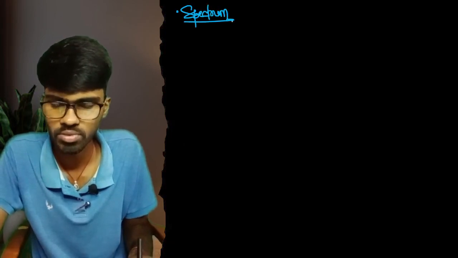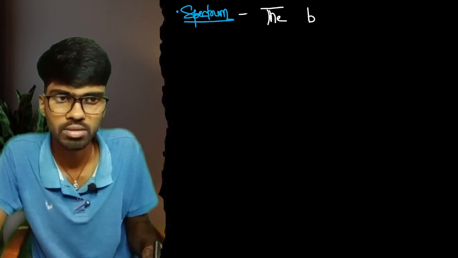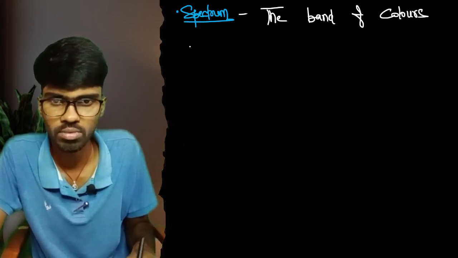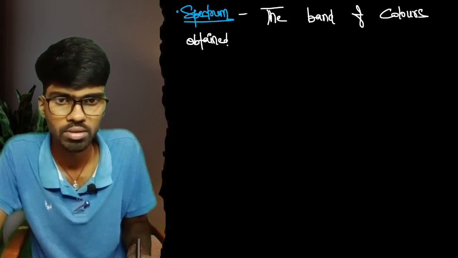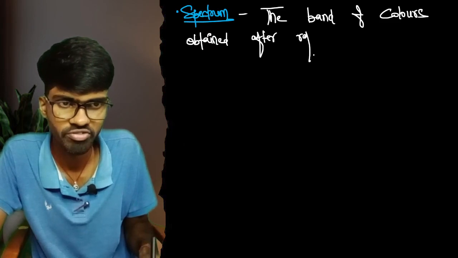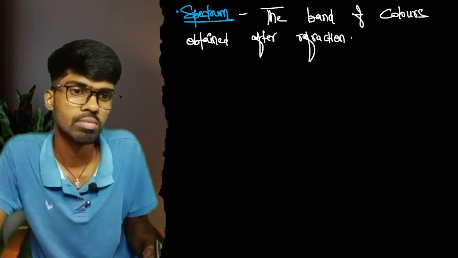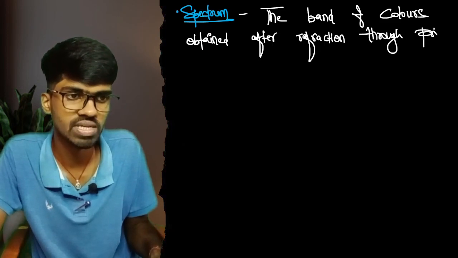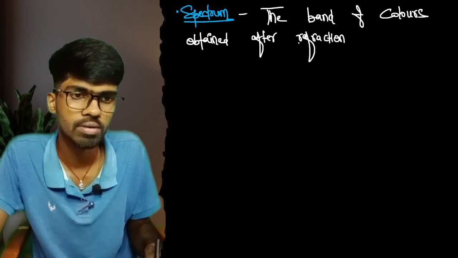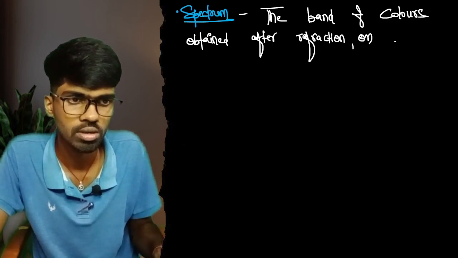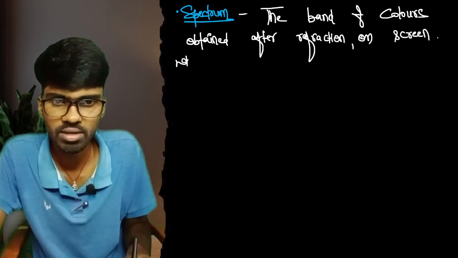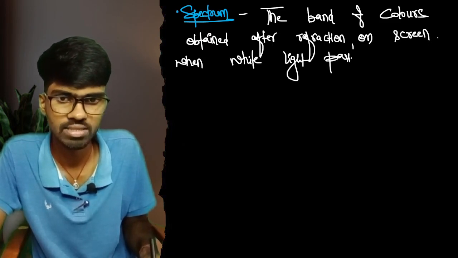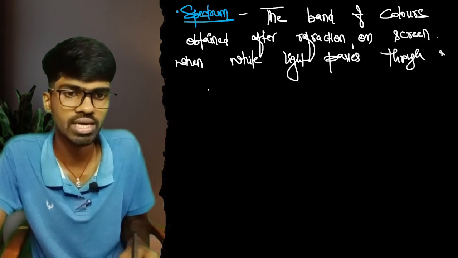Spectrum. What is spectrum? The band of colors obtained after refraction through a prism, or you can say after refraction on a screen when white light passes through a prism.